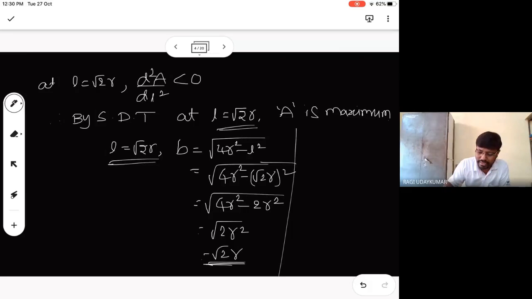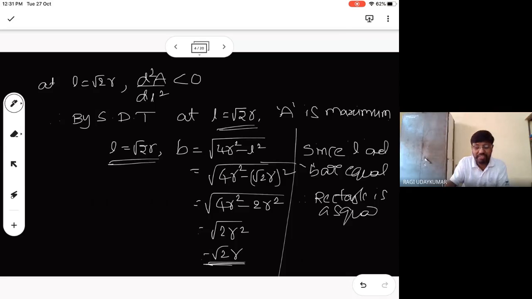Since length and breadth are equal, therefore the rectangle is a square. If it is a square, then it is going to have the maximum area. We wanted maximum area, so by the second derivative, it gives the maximum area.